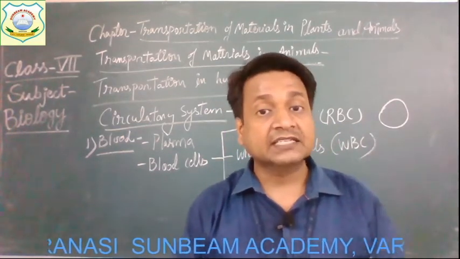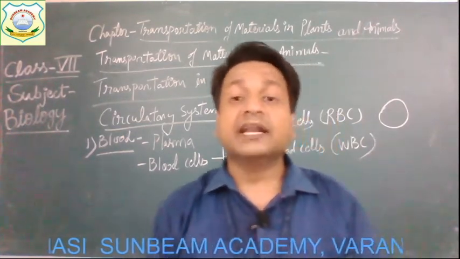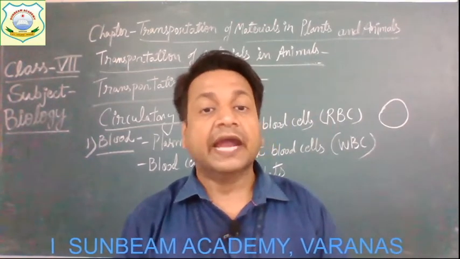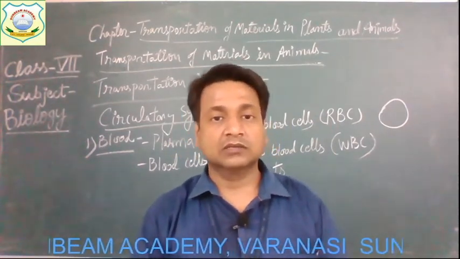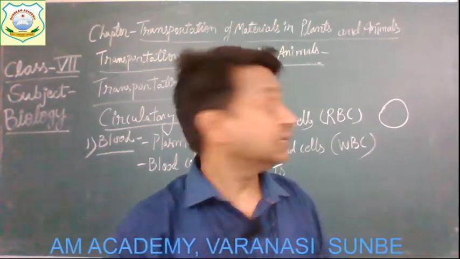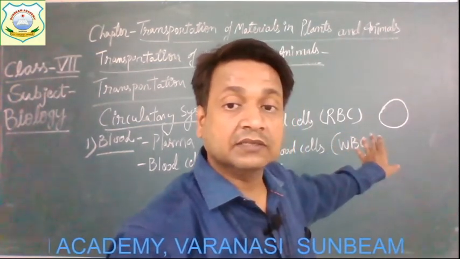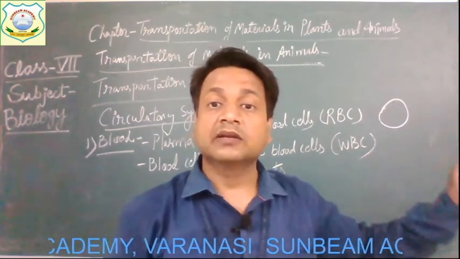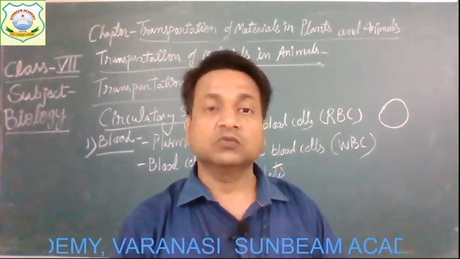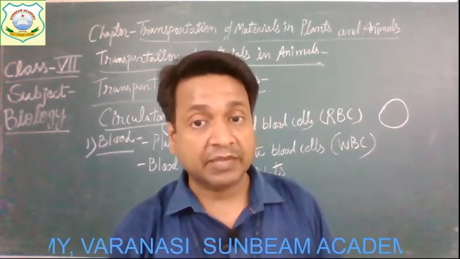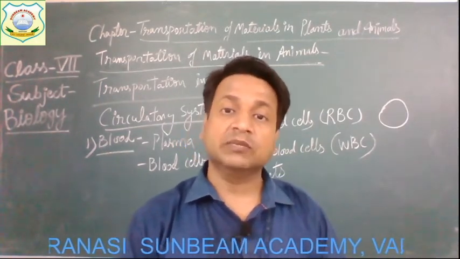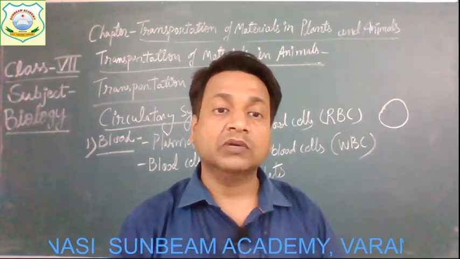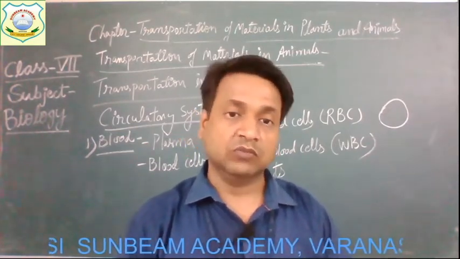It is this pigment that absorbs oxygen and transports it to the cells all over the body. The hemoglobin present in red blood cells is responsible for transportation of oxygen to all parts of the body because it has the capacity to absorb oxygen, and the oxygen combines with hemoglobin to form a compound known as oxyhemoglobin.